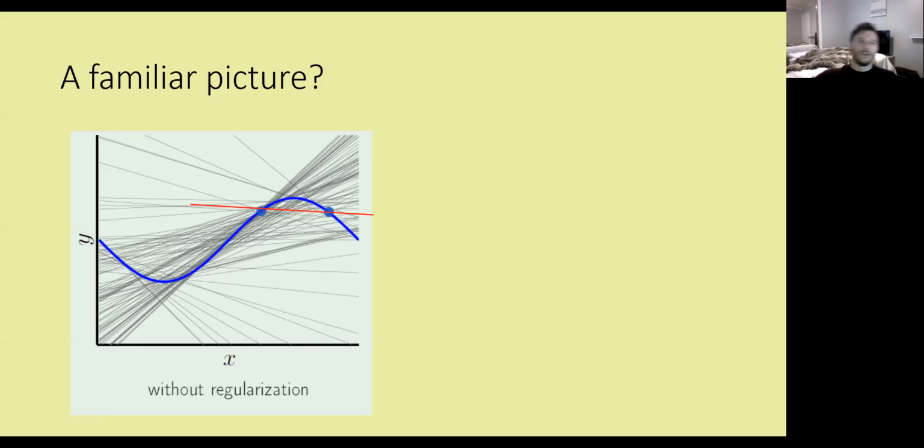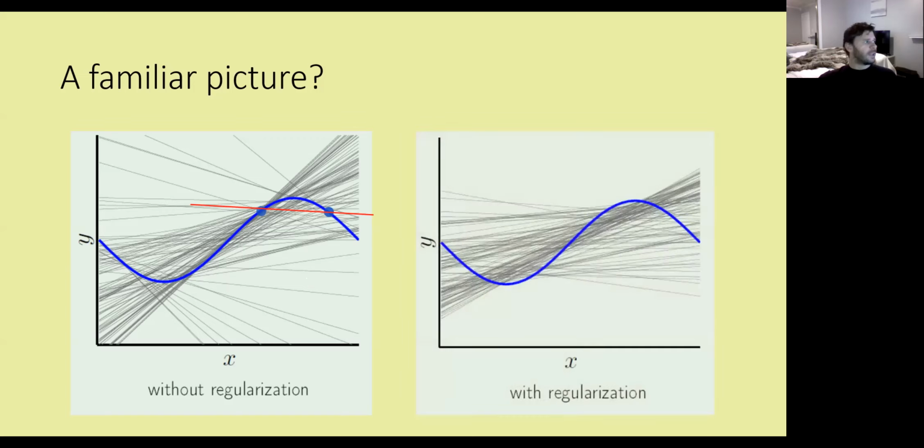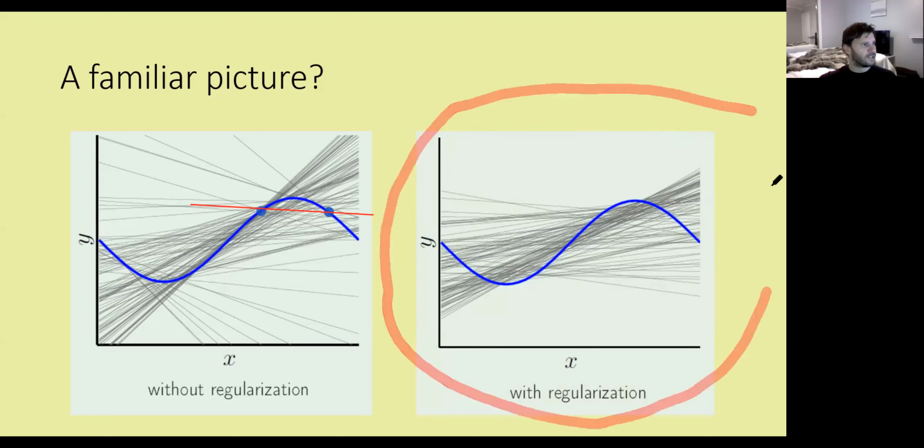They can't have crazy slopes or super high and low values for the intercepts. They're going to be restrained. And when you do this with regularization, you'll notice the fit of all those different hypotheses in the right diagram looks a little bit better compared to the underlying data generating process.